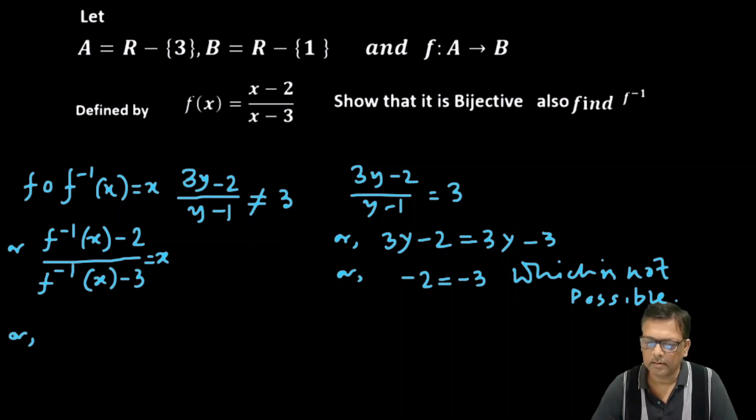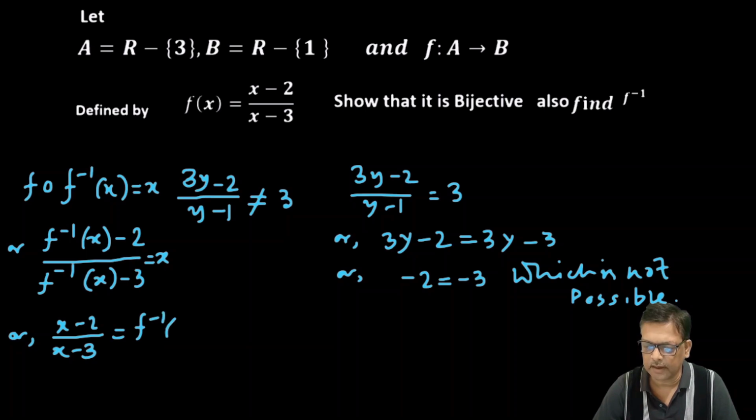Or you can write this expression like (x minus 2) by (x minus 3) equal to f inverse x. So the inverse of the function is f inverse x equal to (x minus 2) by (x minus 3).